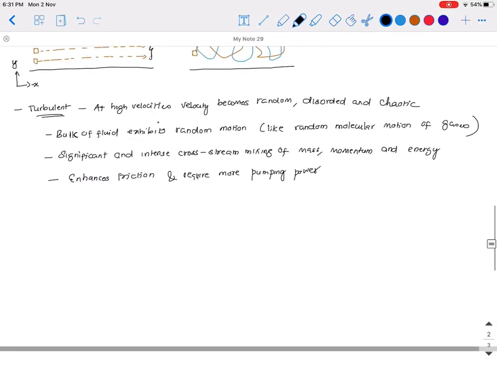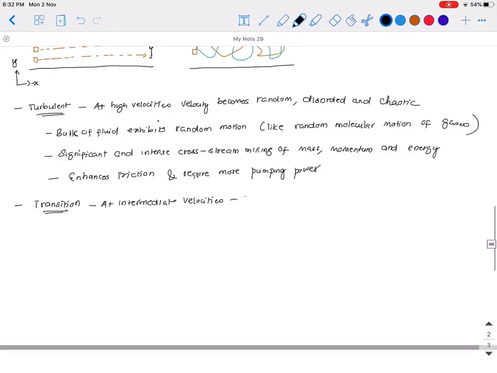The third type is transition. This occurs at intermediate velocities, the velocities in between laminar and turbulent flows. This flow is partly laminar and partly turbulent.